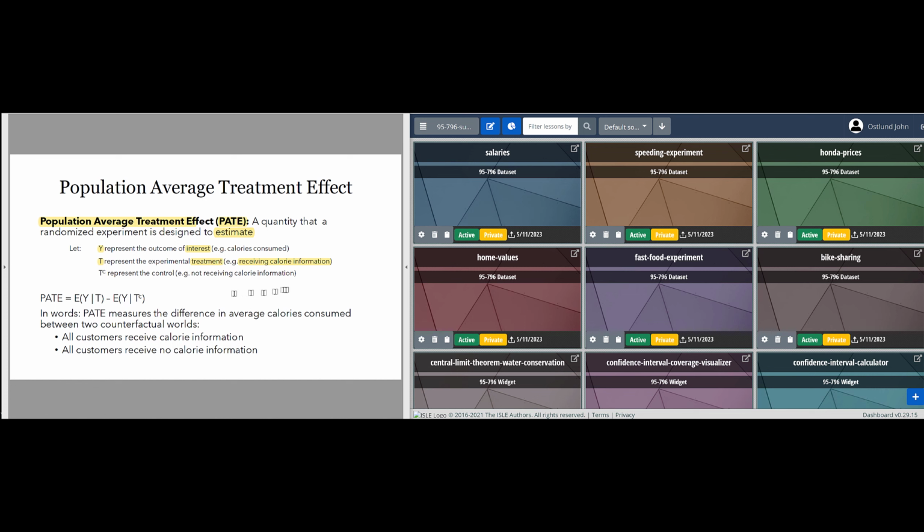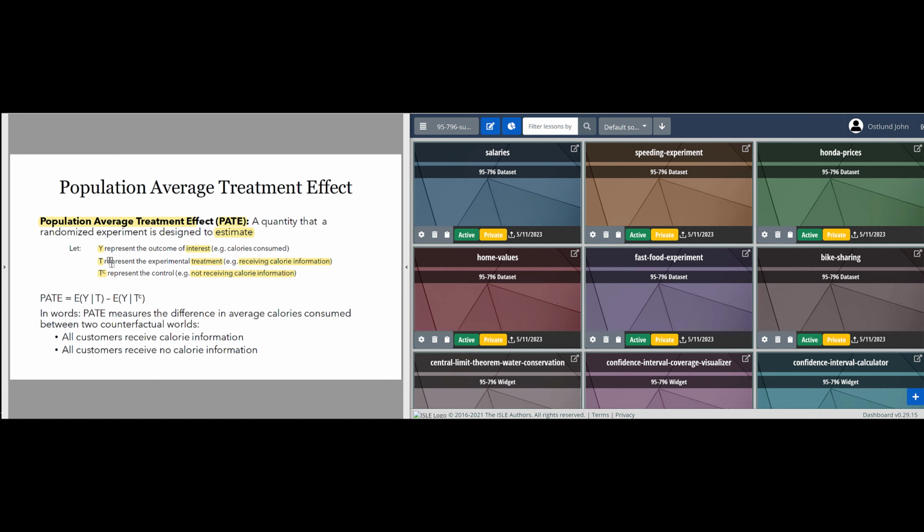Now, not everybody received calorie information. Calorie information was given to people at random, and we'll call the control group, which is everybody who did not receive calorie information, TC.